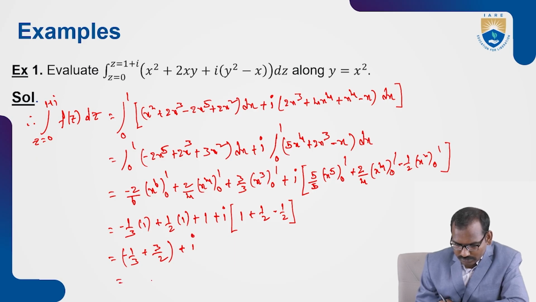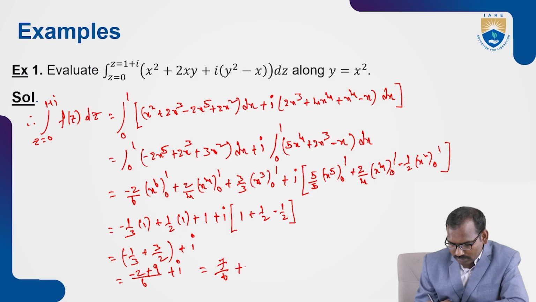Now LCM is 6, and here you get minus 2 plus 9, plus i. This is nothing but 7 by 6 plus i.